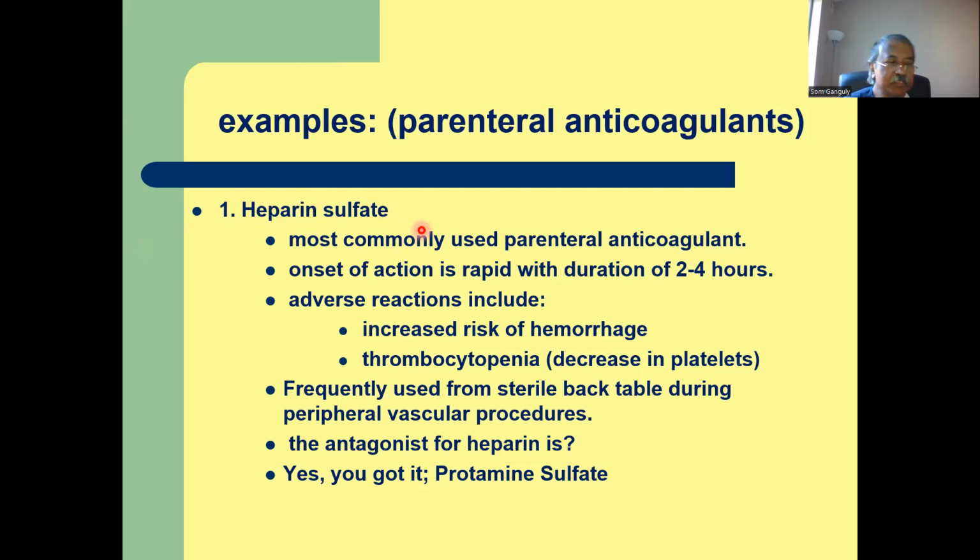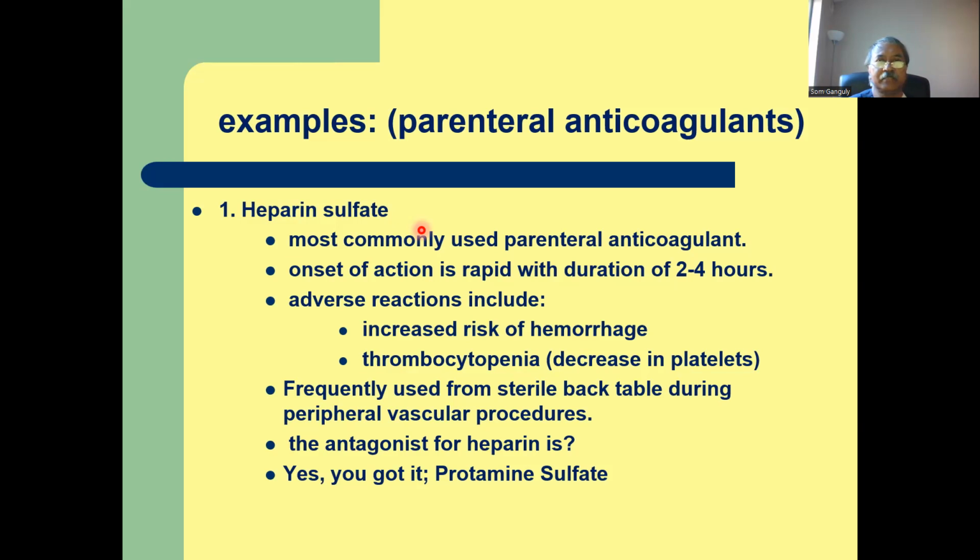So the question comes, how do you prevent blood clot formation during the surgery? You'll get a list of items. One of the items could be heparin sulfate, and that is the correct answer. And then you may have a question, after the surgery is done, when the patient wants to go back to normal status, what is given to reverse the effect of heparin sulfate?